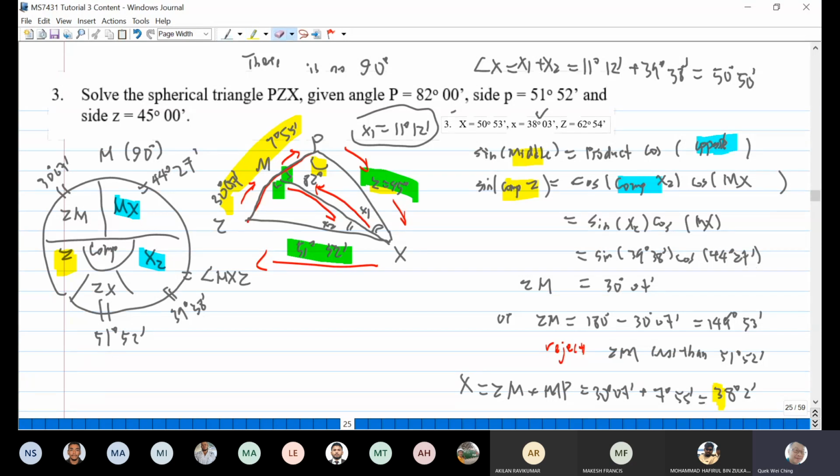So from here we can find out what is sine of Z/2, which is actually the same as cosine of Z now. So now I can find Z. There's only one answer now because of cosine.